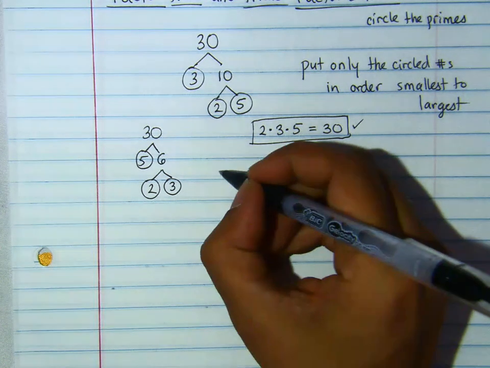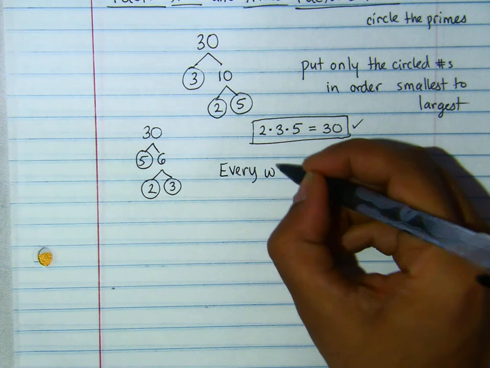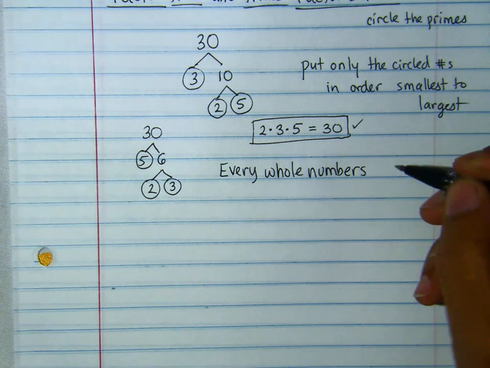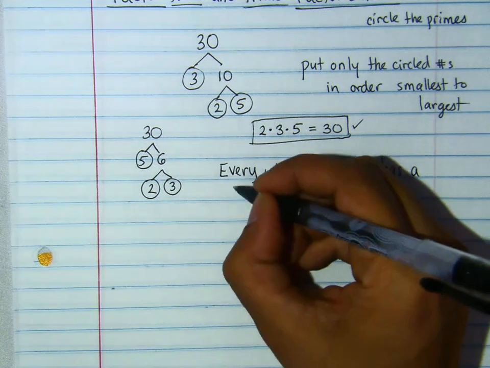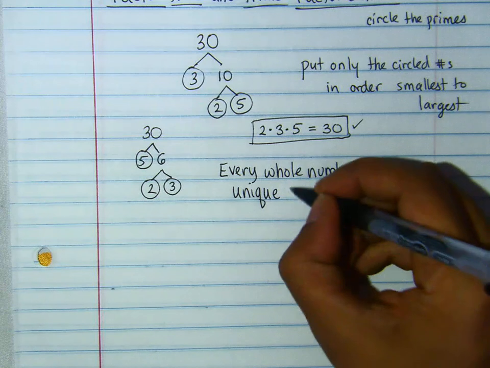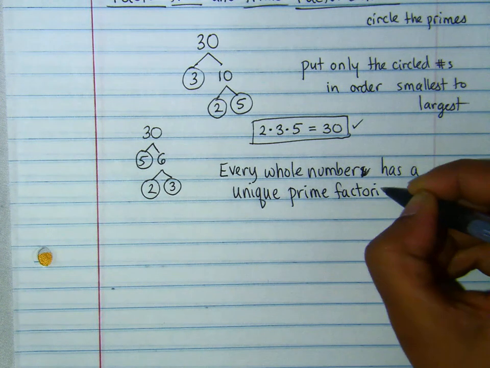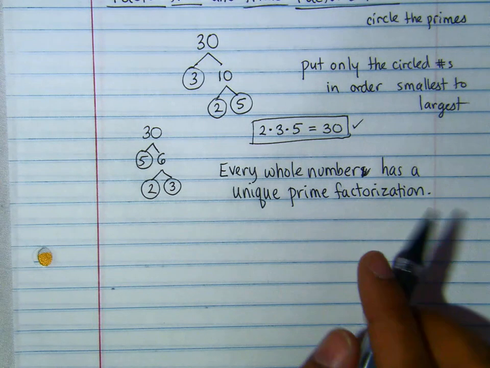And the really cool thing is every number, so let's say every whole number, right? Which means not the decimals, not the fractions. Every whole number has a unique, and unique means one of a kind, prime factorization, which means that any number from 1 to like 7 million and beyond 7 million, every number has its own prime factorization.